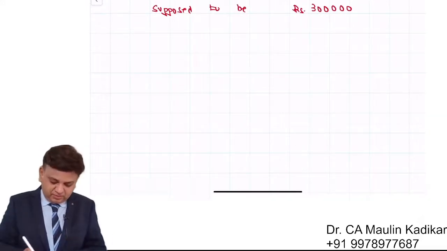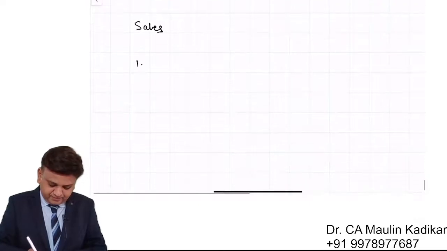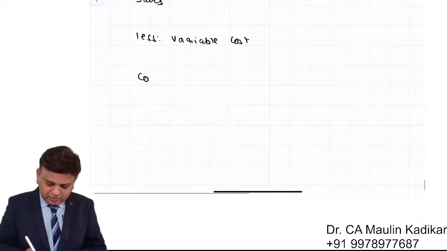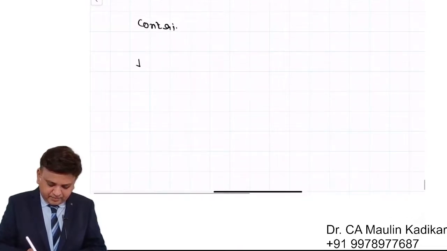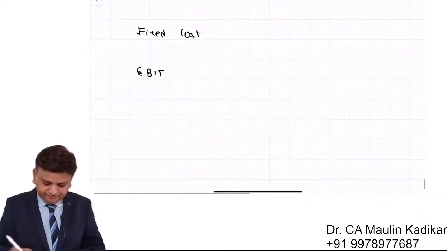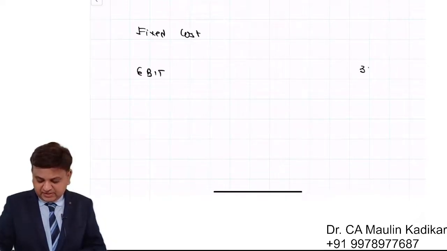So in the breakdown: sales, less variable cost, contribution, fixed cost, and EBIT. The amount of the EBIT is 3 lakhs.